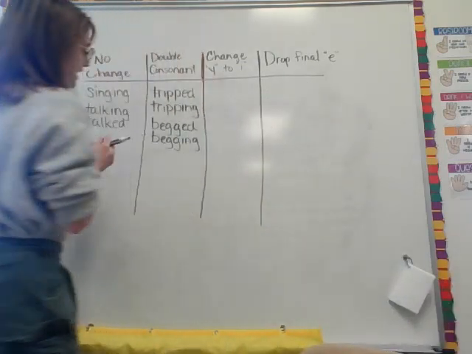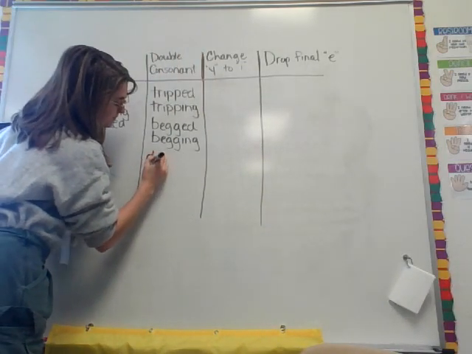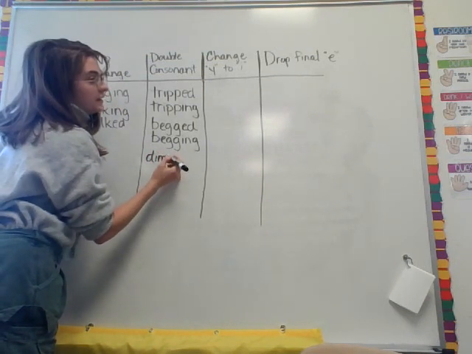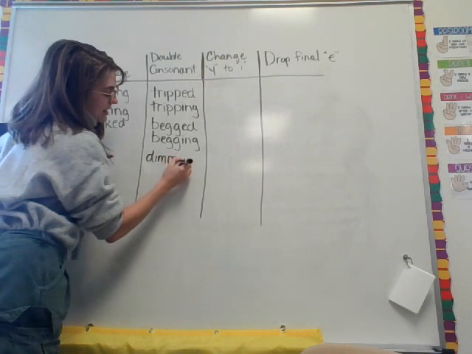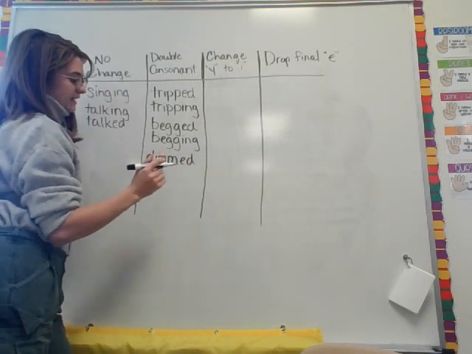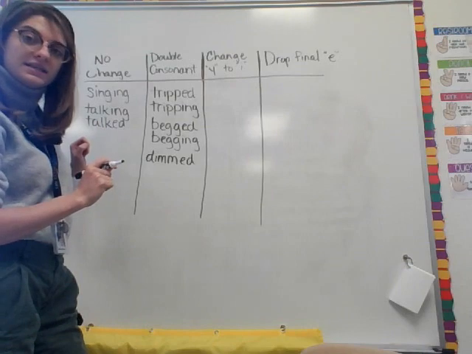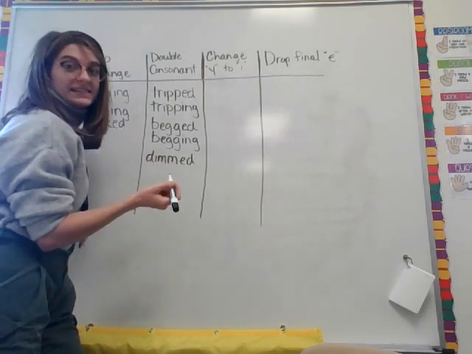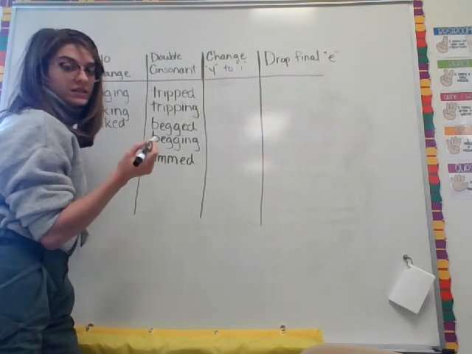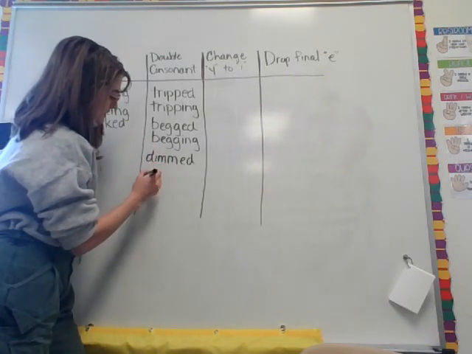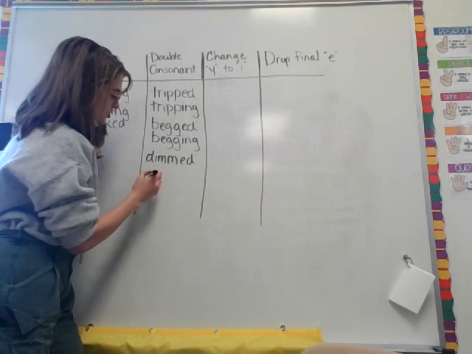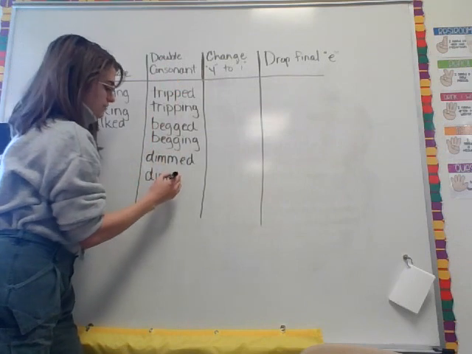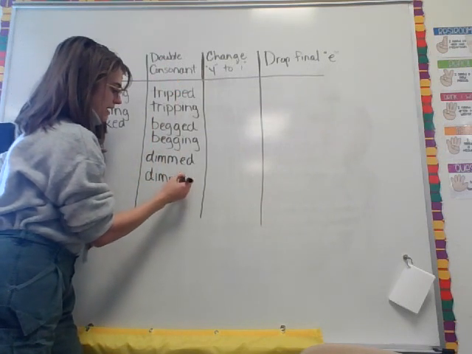To make the word past tense, we'll start with dim, and then we will double the consonant, add an M, and then add E-D. Dimmed. I dimmed the lights so that it would be darker. Or she is dimming the lights currently, to make it present tense. So to make it present tense, adding ing, we start with dim, D-I-M. We double the consonant, which means we have two M's, and we add ing.